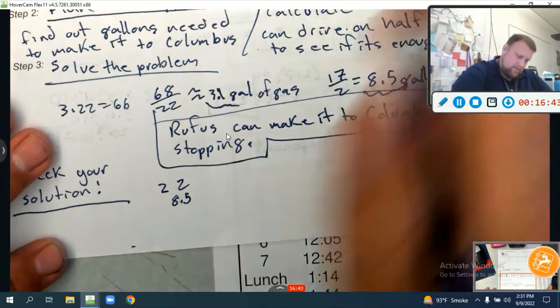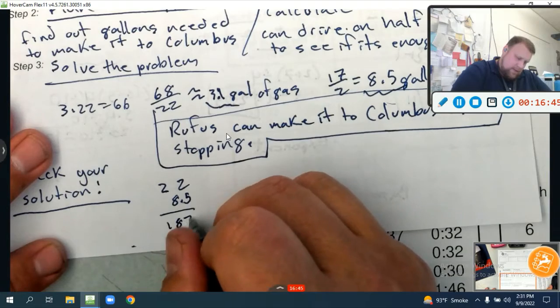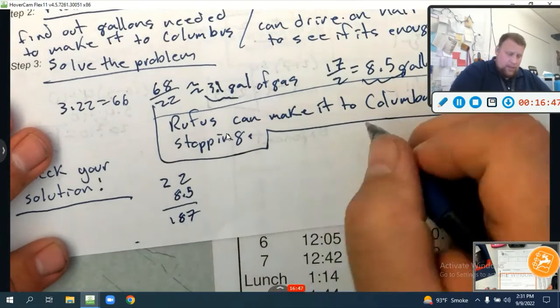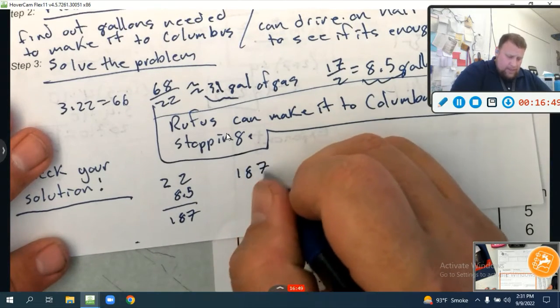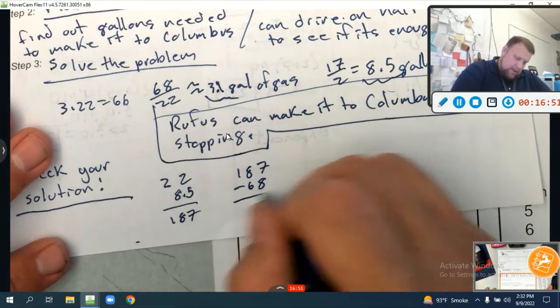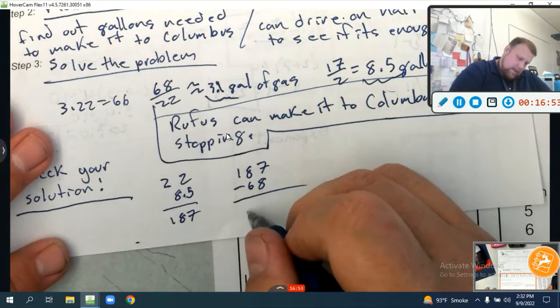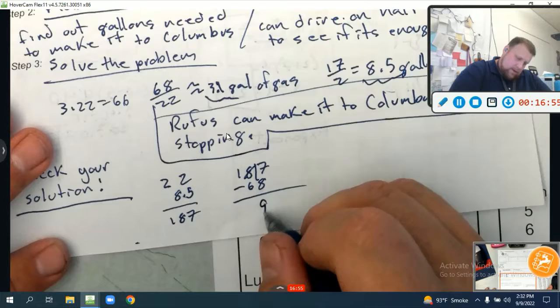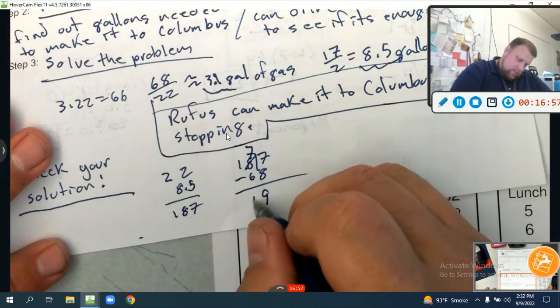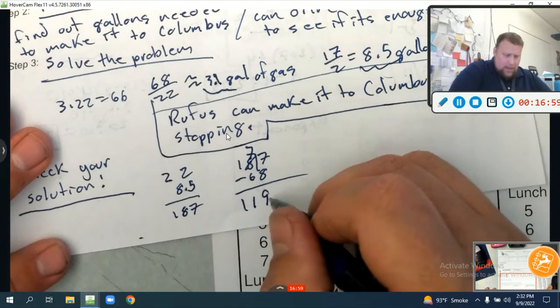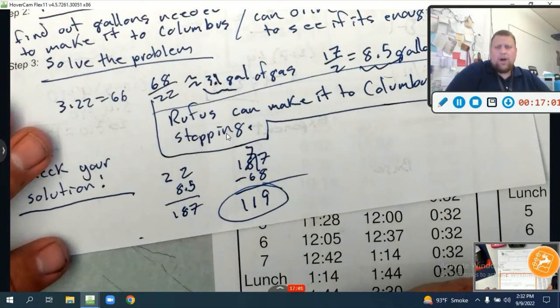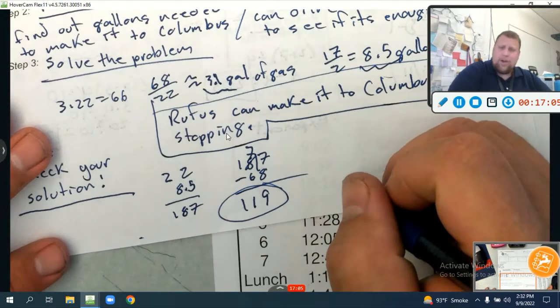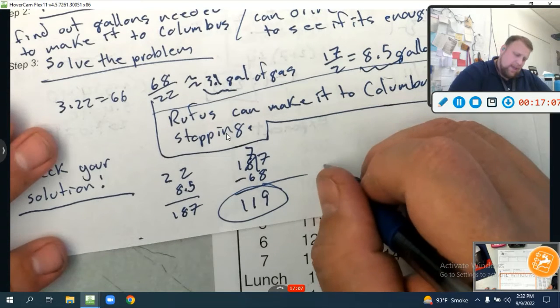187. Well, he only needs to go 68, so 187 minus 68 miles is going to be 119. He will be able to go 119 miles past Columbus, so he could literally go to Columbus and back.